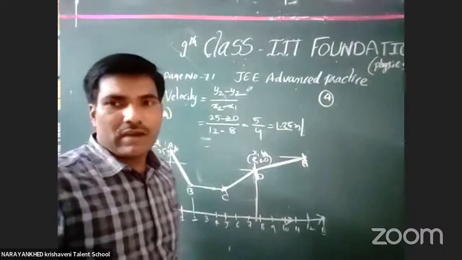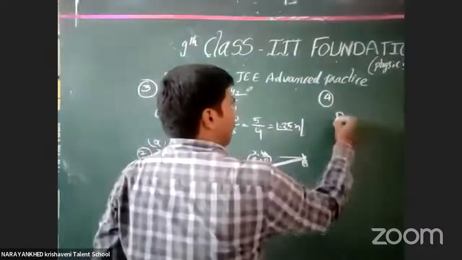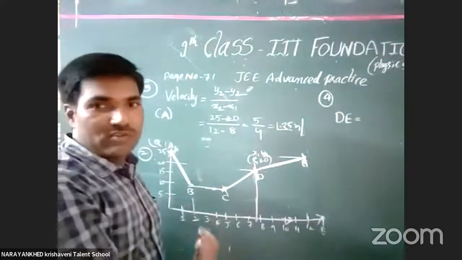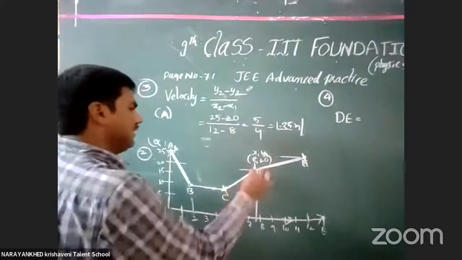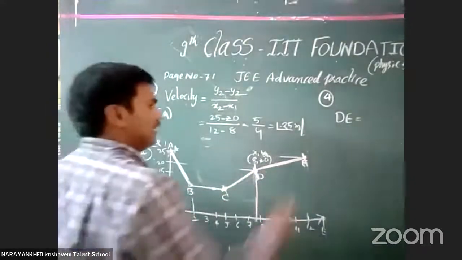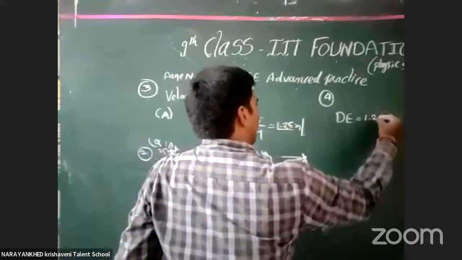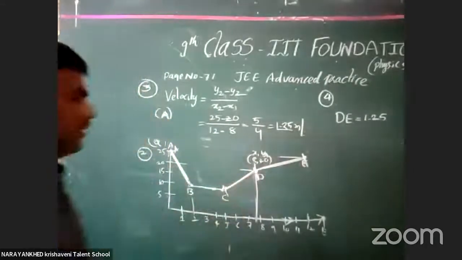We already know the velocity from D to E from the third answer. These are linked questions, one linked with another. The velocity at DE is 1.25. Now we have to find out the velocity for CD.